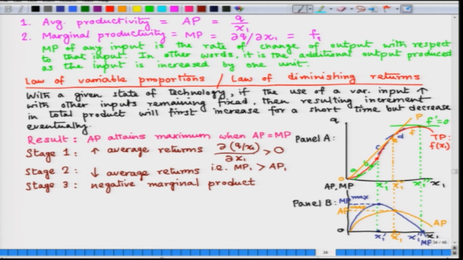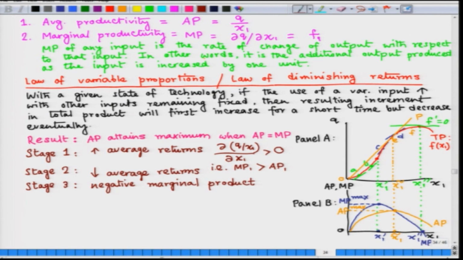So, at the beginning quantity of the fixed input is abundant relative to the quantity of the variable input. When more and more units of the variable input are used, the fixed input is utilized more effectively, but once a point is reached where the amount of the variable input used is such that most efficient utilization of the fixed input is accomplished, then further increase in the variable input makes the fixed input limiting compared to the variable input, and hence we see this law of diminishing marginal returns happening.